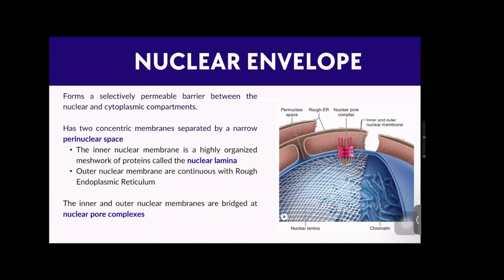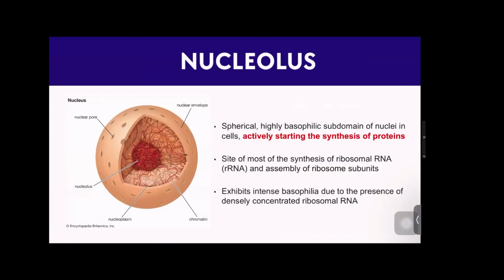Now let's go to your nucleolus. Your nucleolus, class, is the center of your nucleus. It is a spherical, highly basophilic subdomain of the nucleus which actively starts the synthesis of your proteins by synthesizing ribosomal RNA, which makes up most of the ribosome.